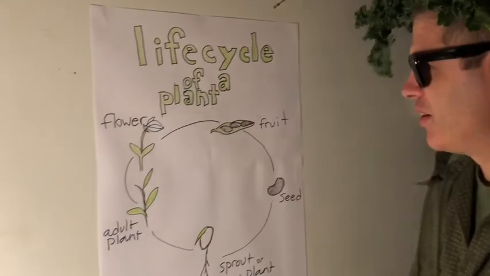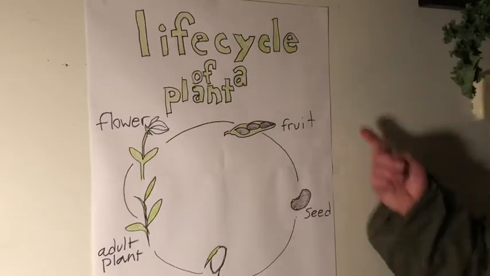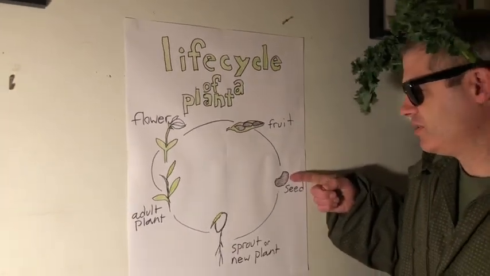I am the walking plant, and my walking plant sensors have picked up that you kids do not know enough about the plant life cycle. Animals need to appreciate us plants because we grow. Let's check it out. Look over here. We've got the beginning, the seed.